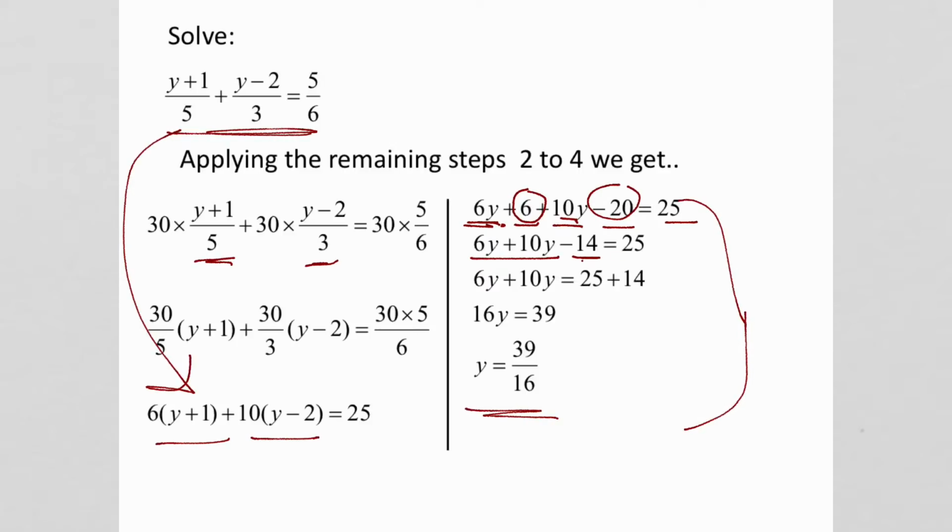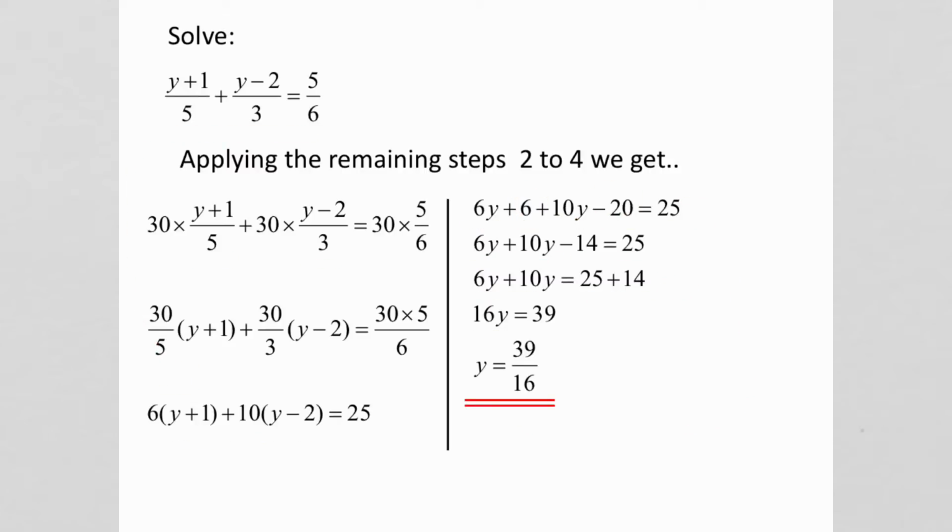So you add 14 on the left hand side and add 14 on the right hand side. Simplifying both sides, 6y plus 10y is 16y, and 25 plus 14 is 39. Simplifying, we get that value there. There's our solution.